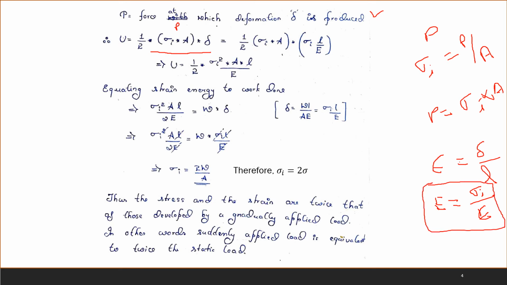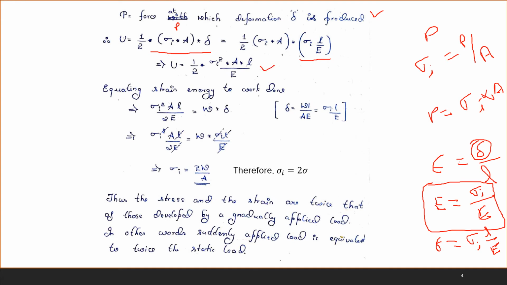If I substitute strain as delta by L and replace it for delta, you will get delta equal to sigma I into L by E. That is what is shown here. Now simplify it, and you will get strain energy U equal to half into sigma I square A into L divided by E. So this is the strain energy.